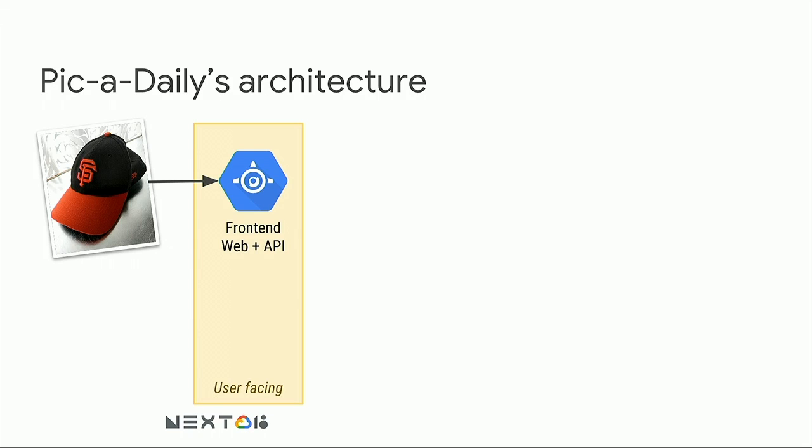So what's happening? A user takes a picture. Via the web page, via JavaScript, the picture is sent to the main App Engine service, the front end, which defines a web API where I can post my picture.